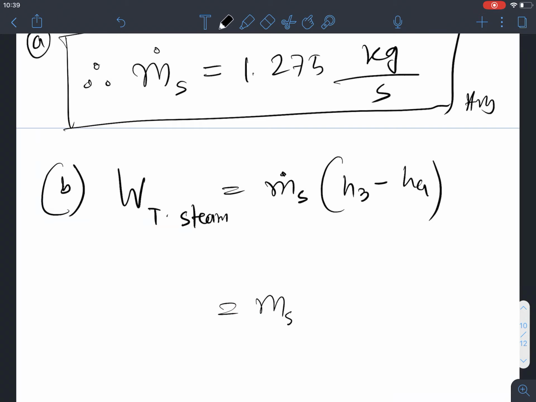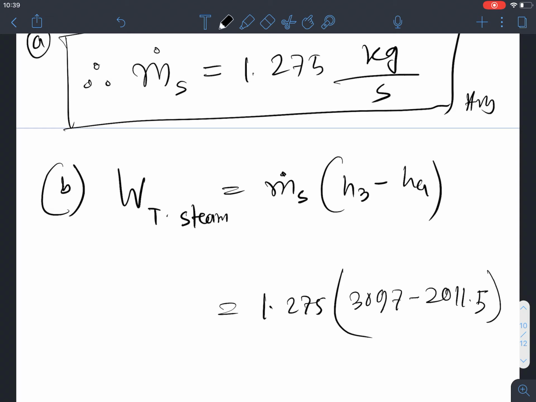We already determined the enthalpy, so plug in all this information: 1.275 times 3097 minus 2011.5. So it would be 1384 kilowatt, the W turbine of steam.